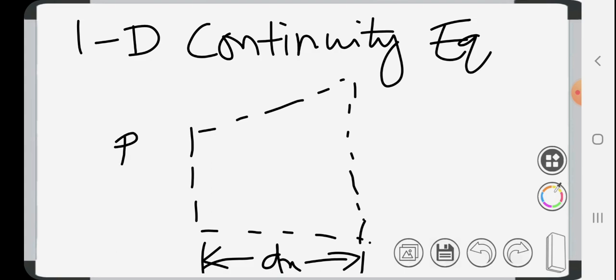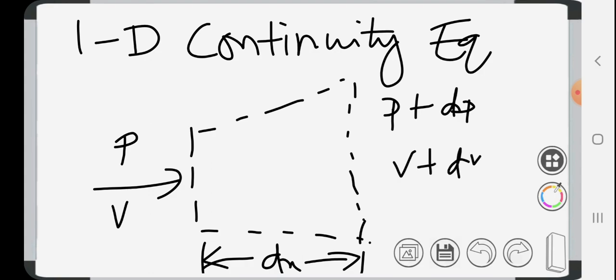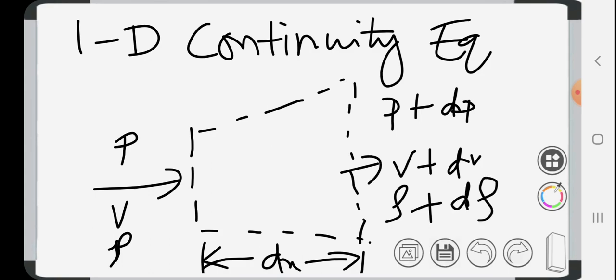If at input the pressure be p, at output the pressure be p plus dp. At input velocity be v, here v plus dv. At input density be rho, here at output rho plus d rho.